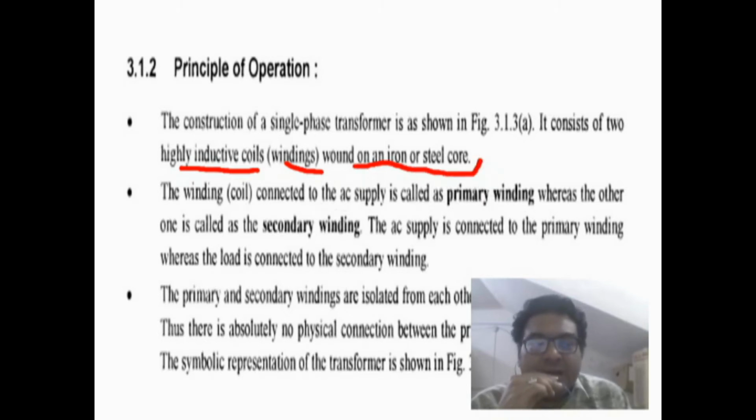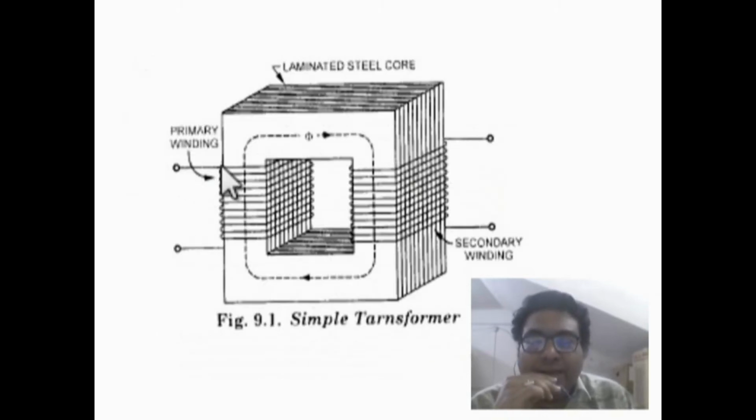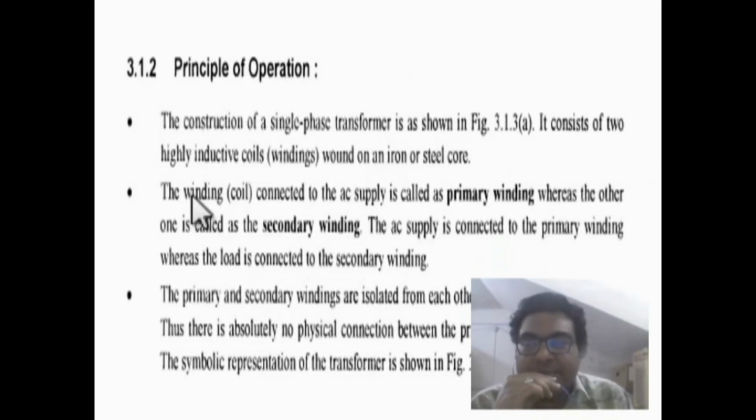You just saw that there are two windings. One is called the primary winding and the second is called the secondary winding. The winding or coil connected to the AC supply is called the primary winding, whereas the other one is called the secondary winding.